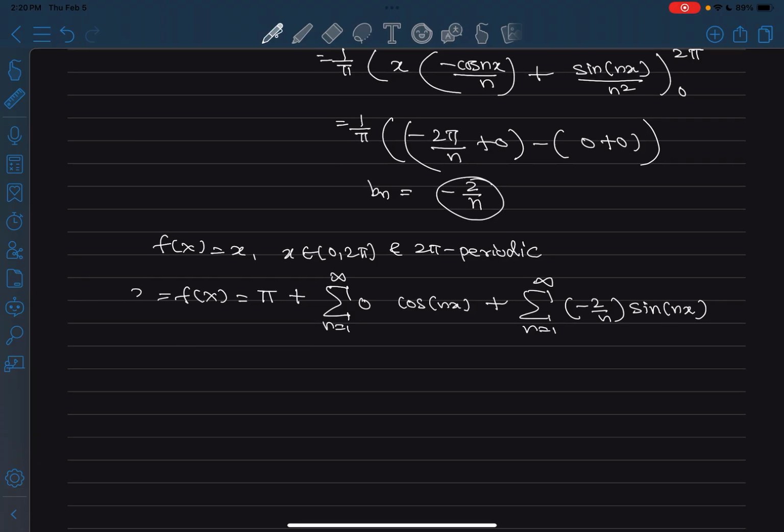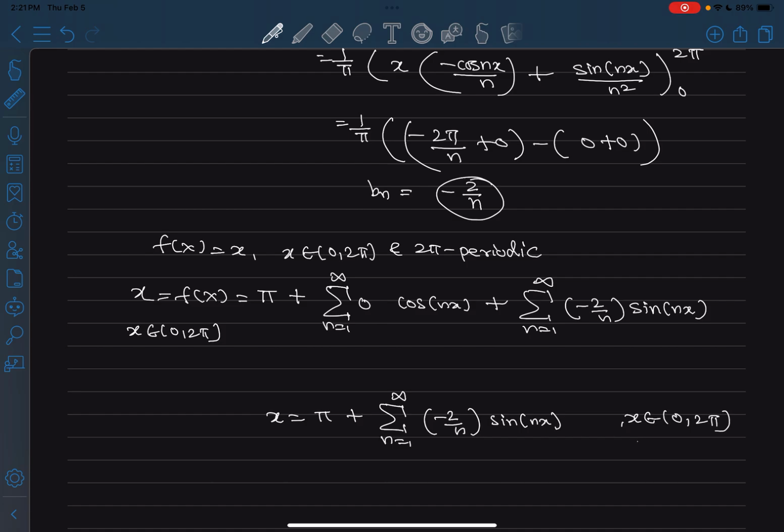And this is just x, and this is valid on 0 to 2 pi. Okay, so x can be written as pi plus the sum from n equals 1 to infinity of minus 2 over n sine nx for x belonging to 0 to 2 pi.